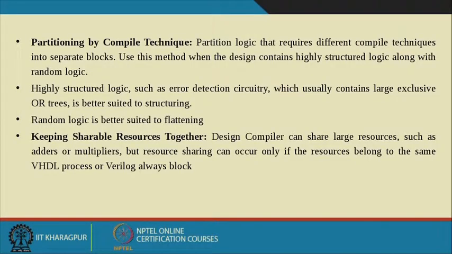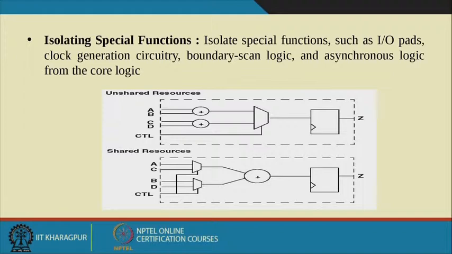Another technique is keeping the shareable resources together. Consider a circuit like this one. A, B, C, D are the 4 variables; A and B, and C and D are added in 2 corresponding adders.